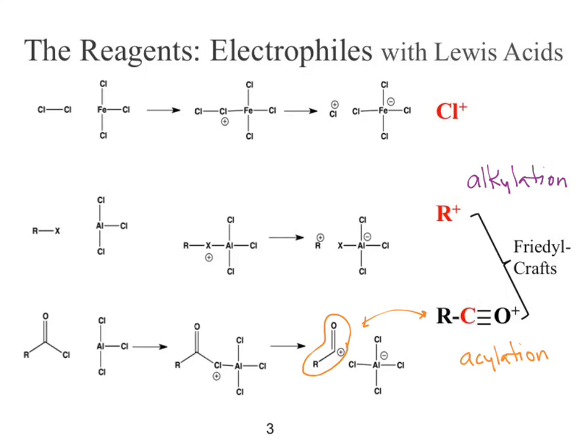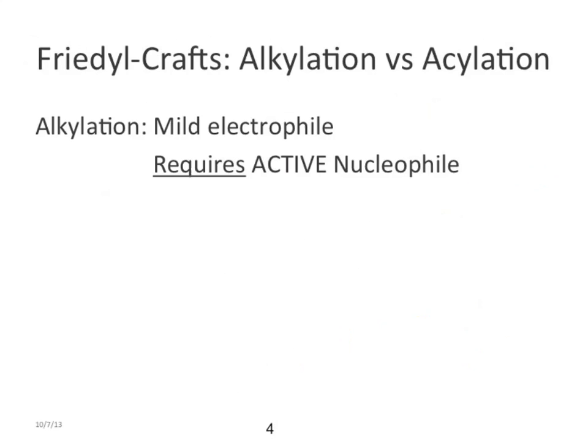Okay? So that's what's happening on this next section. Your alkylation electrophile is relatively unstable. Okay? So because of that, we need a nucleophile that is reactive enough that it can actually cause that electrophile to be positive to react.